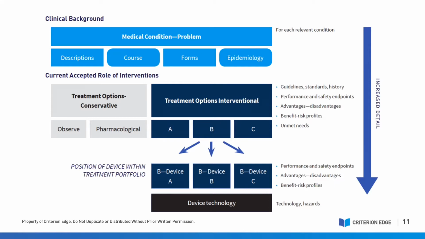But once you get into this next level where you are identifying the position of your IVD within the entire landscape, that's where you want to include specifics on the performance and safety endpoints. That will be where you'll actually extract the data and develop it into a readable, synthesized format.